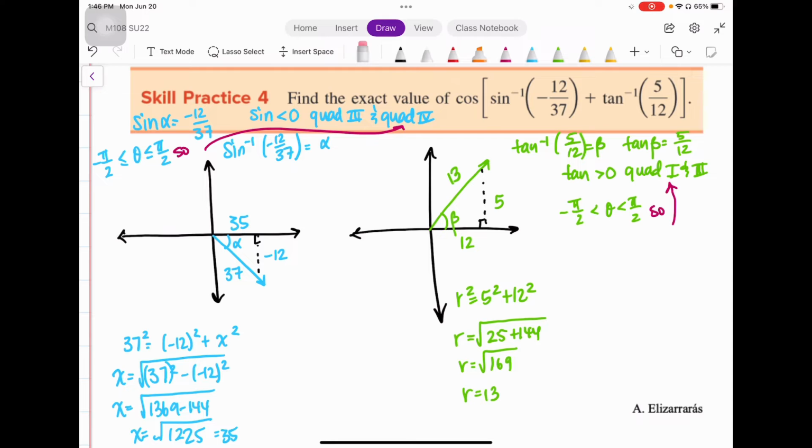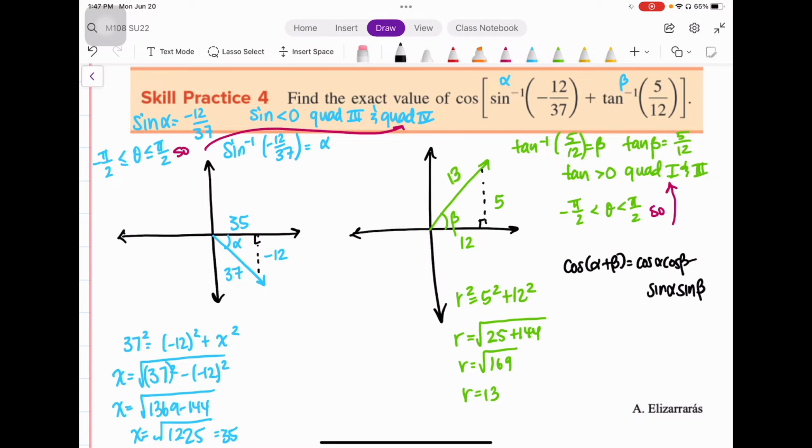Remember that this inverse sine was alpha and the tangent was beta. So we're looking at the cosine of alpha plus beta. And the cosine formula says we are going to be doing cosine cosine minus sine sine.